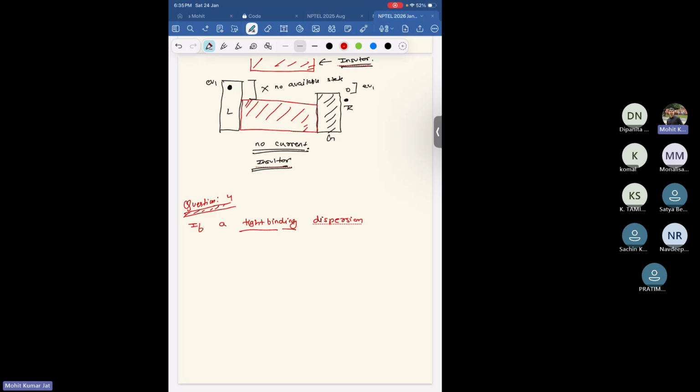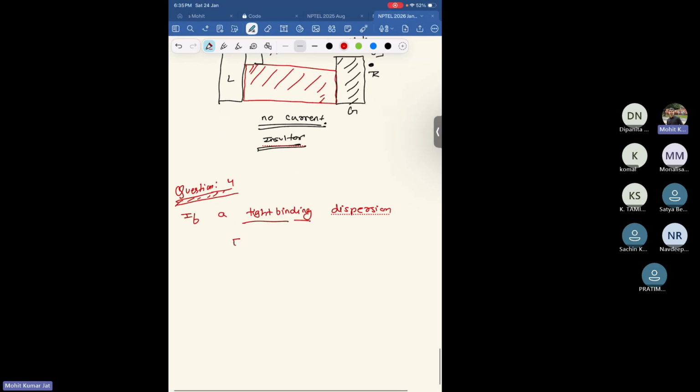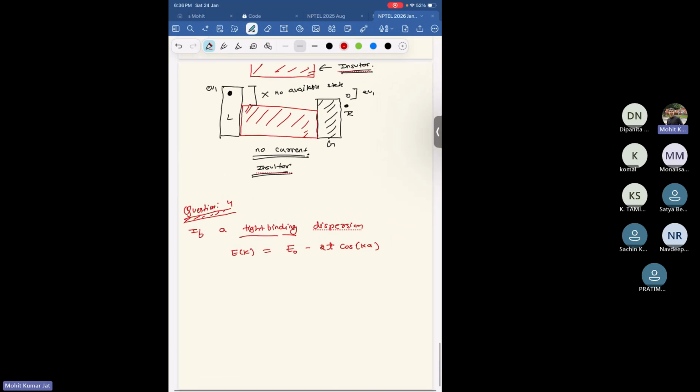In a tight binding dispersion, you get E(k), your energy, where k is your wave vector, as E naught, which is a constant, minus 2t cos ka. Here t is a hopping parameter and k is a wave vector. t is generally constant for a lattice. It is the energy requirement for hopping from one atom to another.